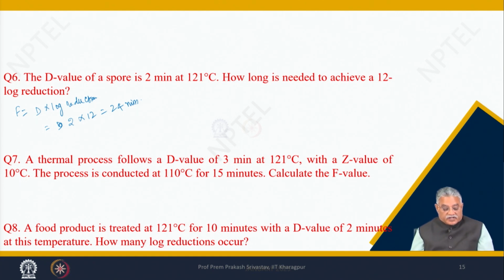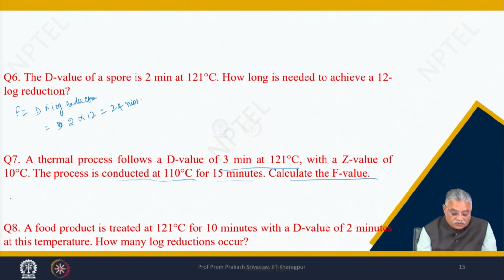Another example: a thermal process follows a D value of 3 minutes at 121 degrees Celsius with a z value of 10 degrees Celsius. The process is conducted at 110 degrees Celsius for 15 minutes. Calculate the F value. As we know, F is equal to t into 10 to the power (T minus T reference) divided by z.